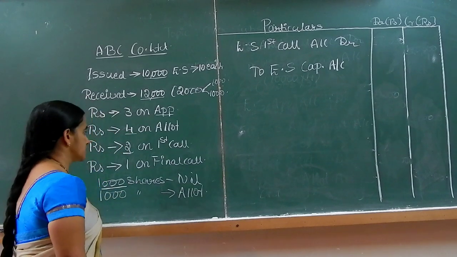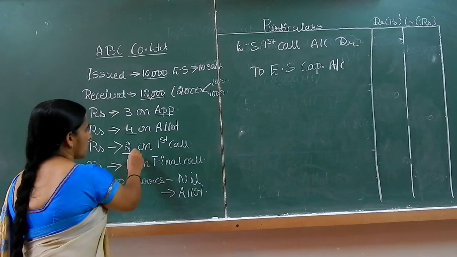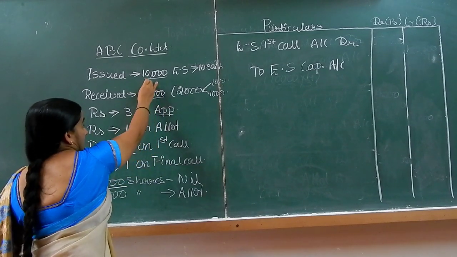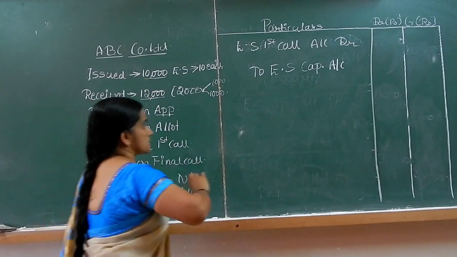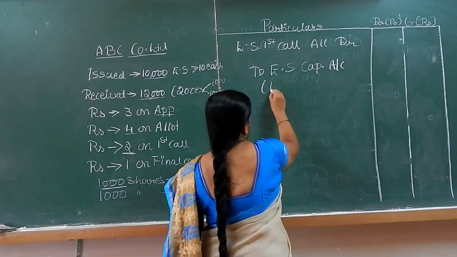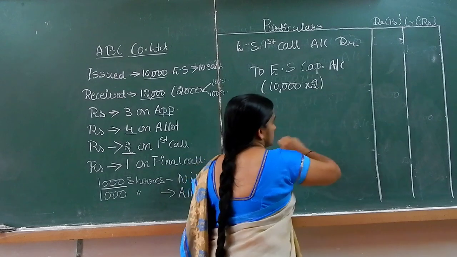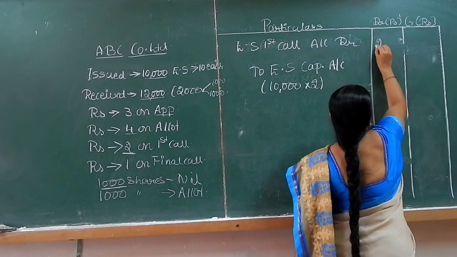So what is the amount to be received now? Rupees 2 on first call. How many shares? 10,000 into 2, that is 20,000. 10,000 into first call money, first call money is 2, so that is 20,000.